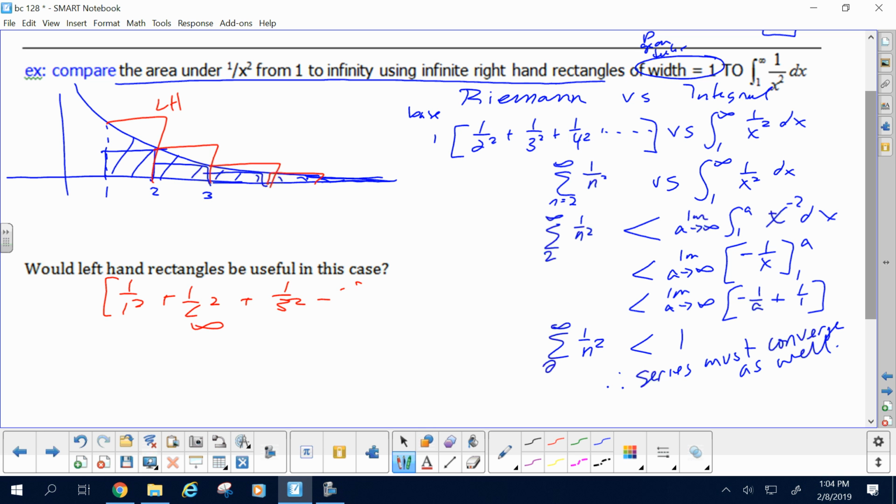Our series would have been the same rule, but starting at 1, and we would have said it's greater than the integral. Do you agree that the left-hand sum is greater than the true integral value? All right. We said this is 1.